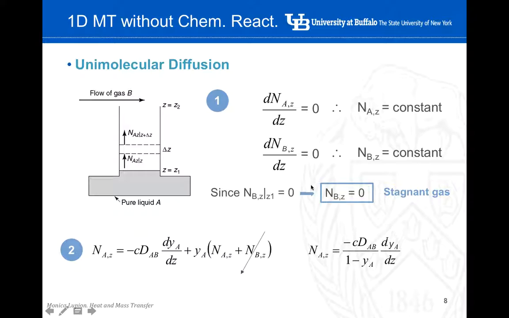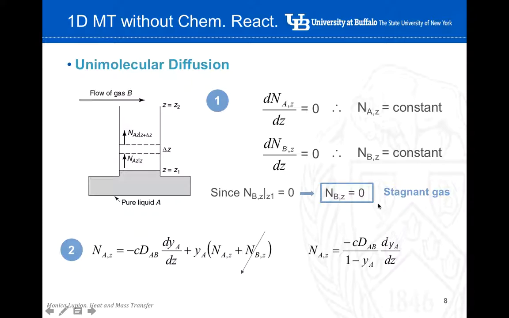So this is the condition for the unimolecular diffusion, that the molar flux of B is equal to 0. Sometimes we call this element B the stagnant gas.